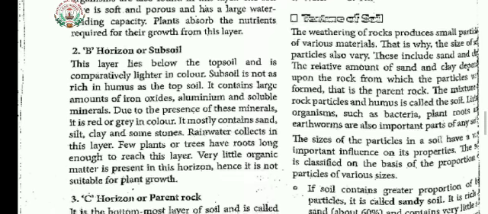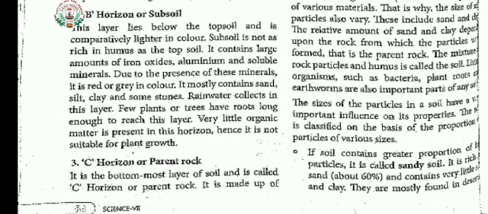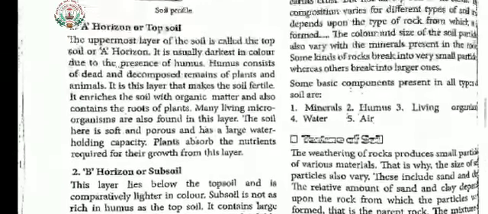Now the last one, the third layer. The third layer is horizon C. It is the bottom-most layer of the soil, and it is also called the parent rock.